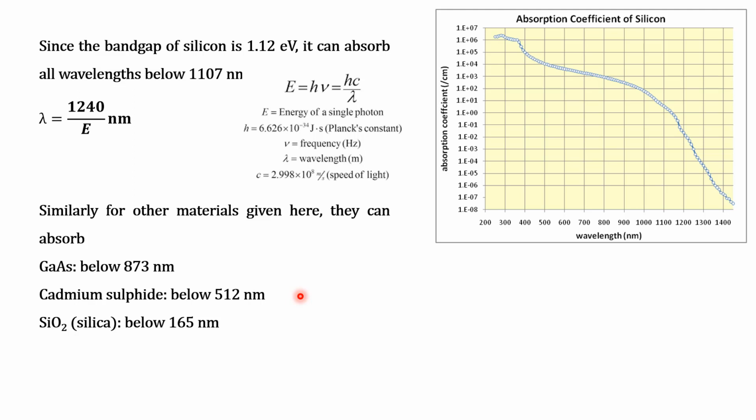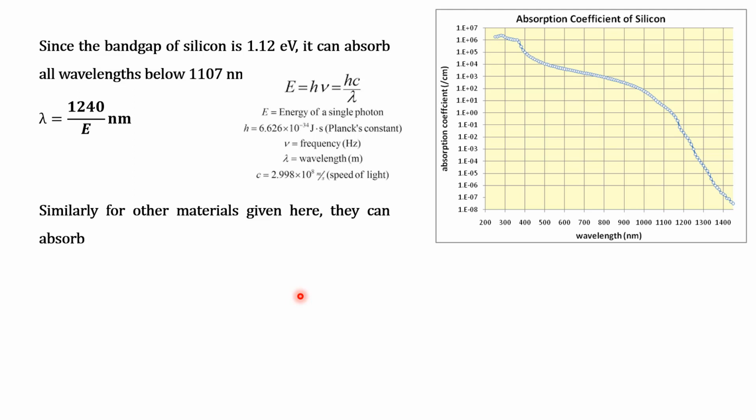Is it clear or should I explain again? So ma'am, it means that for whatever material, if it is below 200, then it is transparent. Below 200 means only from 0 to 200 it is absorbing, right? 200 will usually be in the UV range.